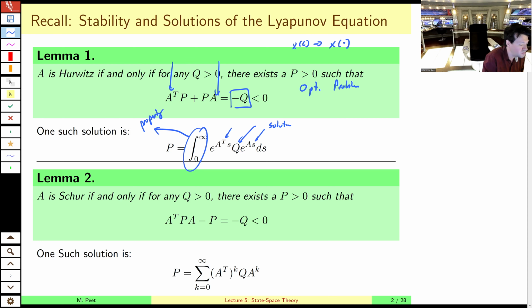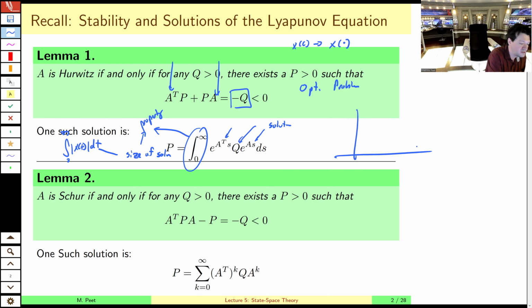In this case, we're looking at the size of the solution. So that's the integral of x of t dt from 0 to infinity. So the size of the solution remaining, so to speak, that follows from that initial condition.